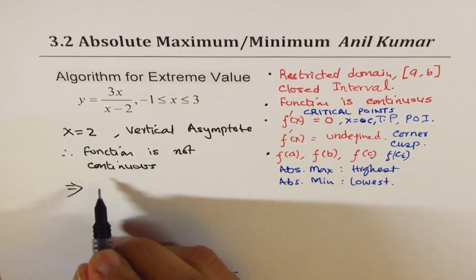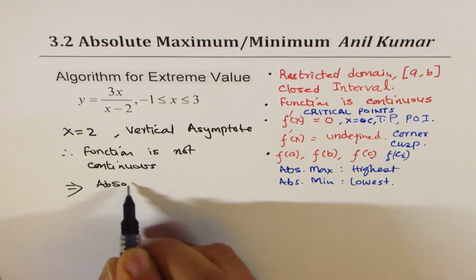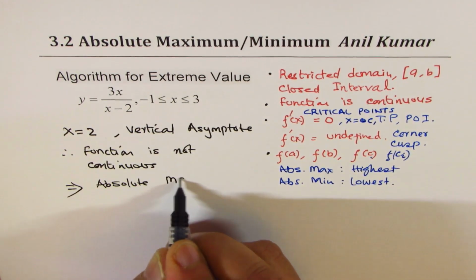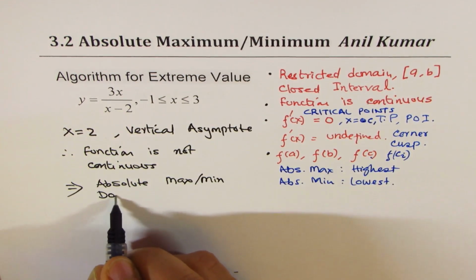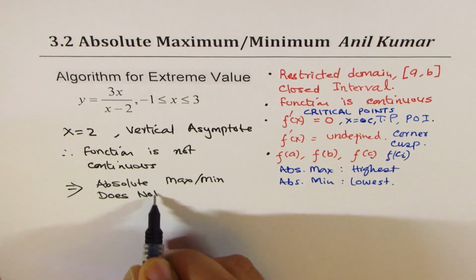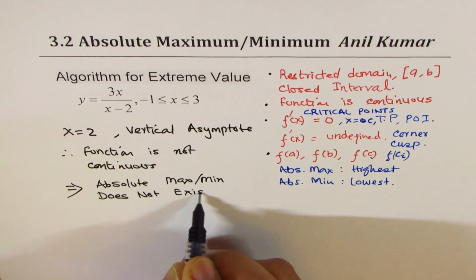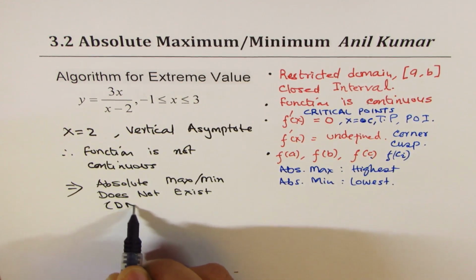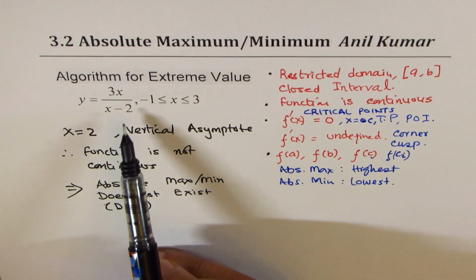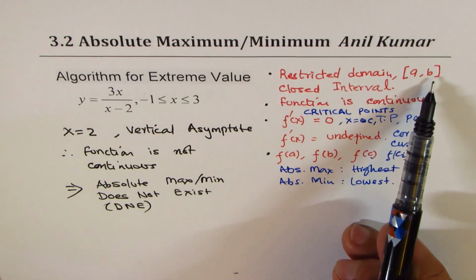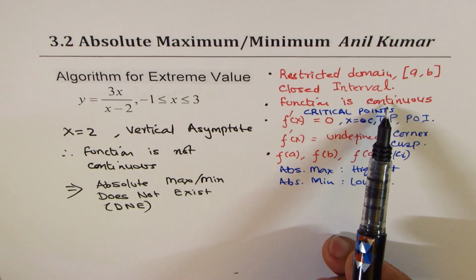This implies the absolute maximum or minimum does not exist, which we'll write as DNE in future. Perfect. So the first test is, in this interval, do we have a continuous function?